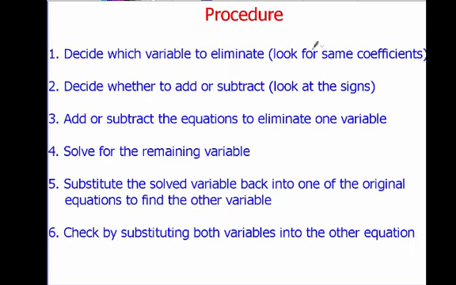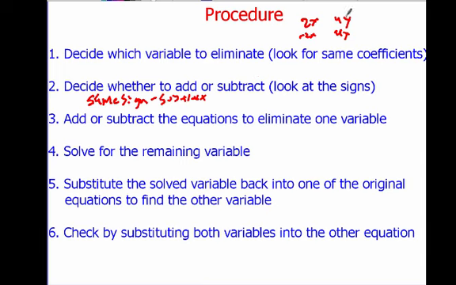Step 1 is decide which variable to eliminate. So we're going to look for the same coefficients. We want to see like 2x and negative 2x, or 4y and 4y. We want to eliminate the variables that have the exact same coefficient. Then we want to add or subtract, and we figure it out by looking at the signs. If they have the same sign, then we're going to subtract.